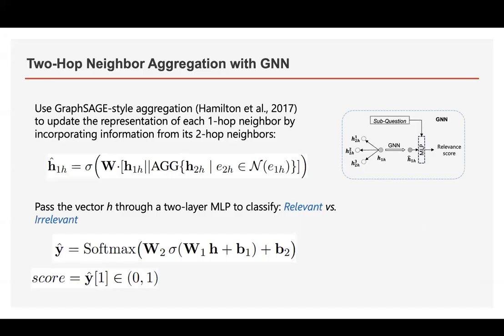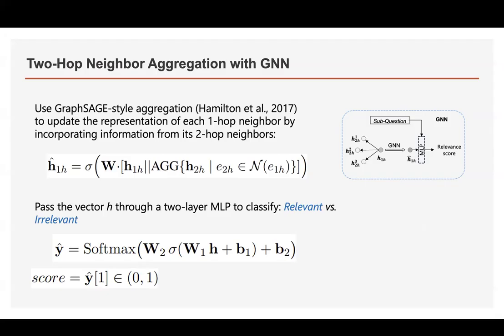To aggregate more context information, I use a GNN. Here is how it works. We aggregate all the one-hop neighbors as well as the entity itself, and use the GNN to update its representation. After that, we want to select the entities related to the sub question.